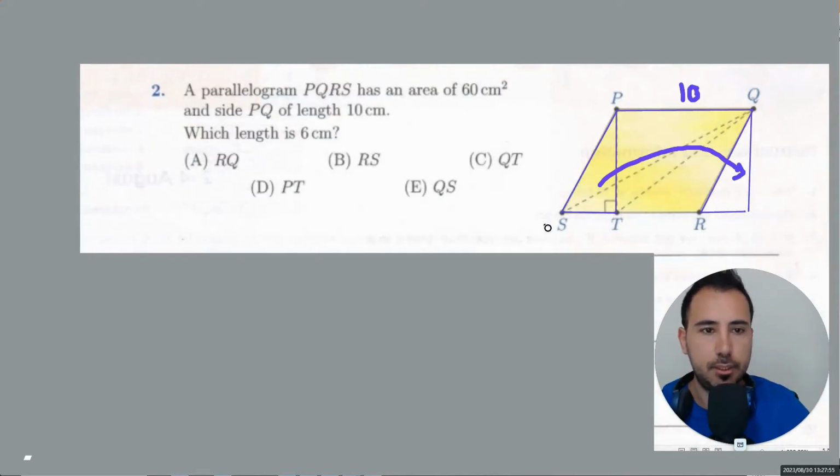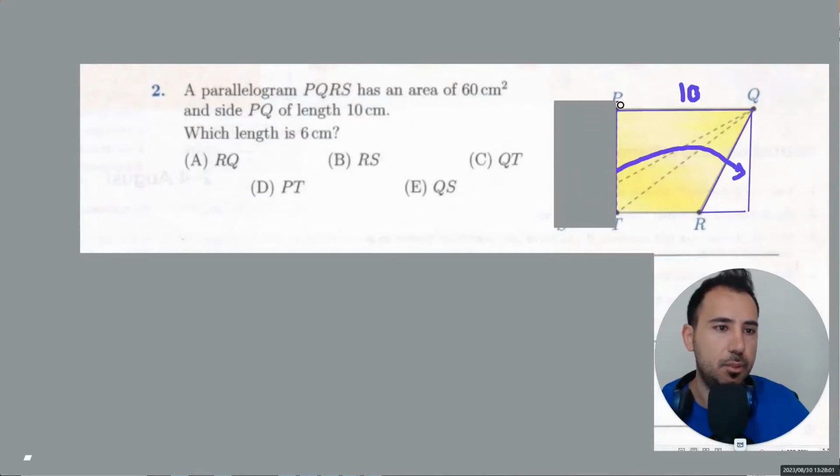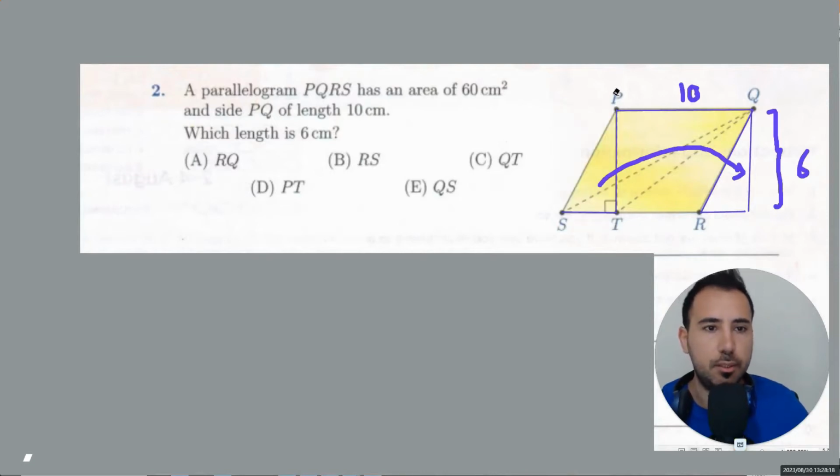I'm going to clean this part because we moved it. We have moved this one over here. As you see, it will be a rectangle, and because the area is 60 and this side is 10, this line over here is actually 6 from here to here. If this is 6, what do we call it? PT, right? So PT is 6.